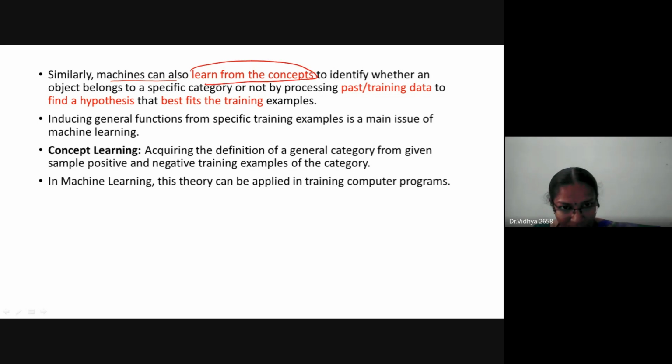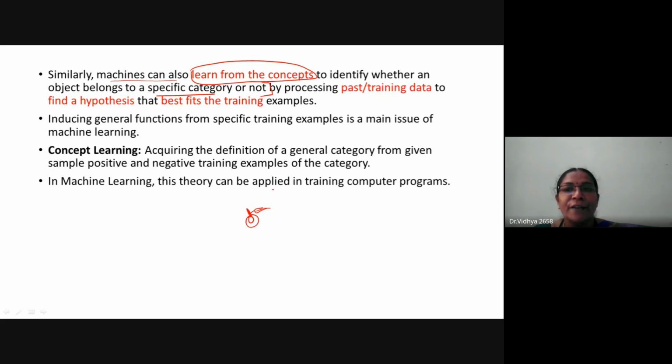A machine can also learn from concepts in order to identify whether an object belongs to a specific category or not. For example, if you take an orange, the machine can identify whether orange is in the category of fruit or the category of vegetable. How can it identify that?